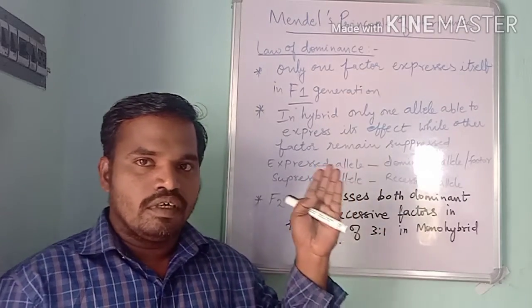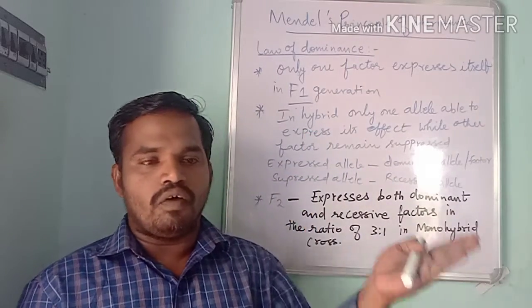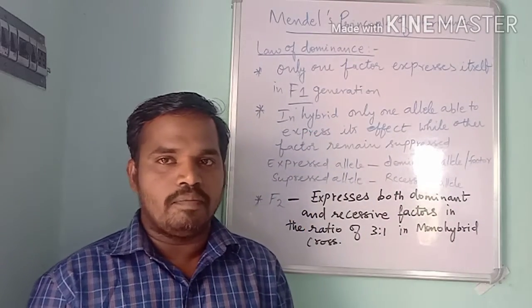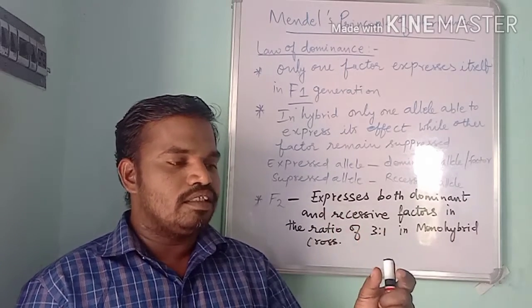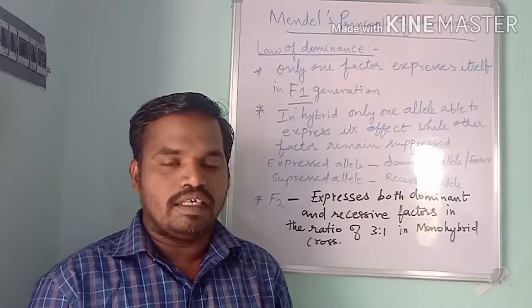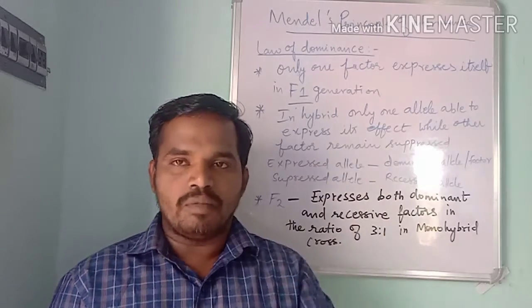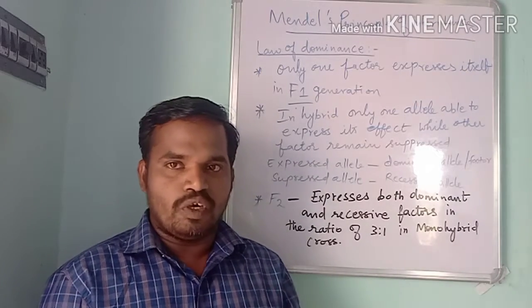When he observed this, one factor, one allele, is dominant over the other allele. So thereby he came to the observation that the factor or allele which is dominant is able to express its phenotype.